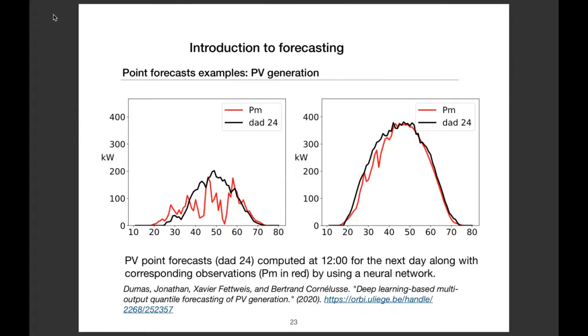And the time discretization is 15 minutes, so you have 96 points per day. But here, as during night hours you have no production, we just plotted the PV generation between lead times 10 and 80, so around 3 a.m. up to 8 p.m. And if you want more detail, you have here the reference of the paper.